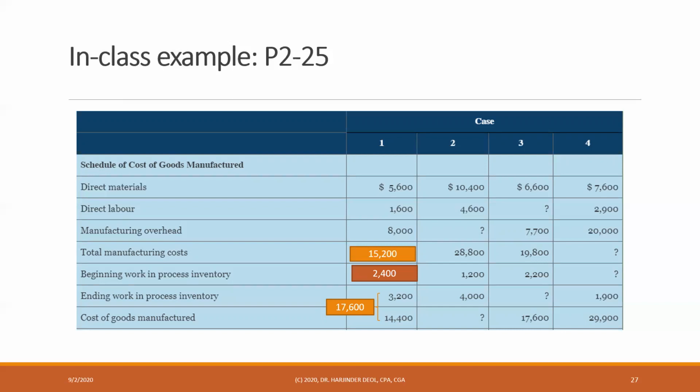That difference works out to $2,400. Now see if it works. Total manufacturing cost 15,200 plus the $2,400 will actually give you 17,600. And from the 17,600, if you take away $3,200 of ending work in process, you are indeed left with cost of goods manufactured, $14,400.